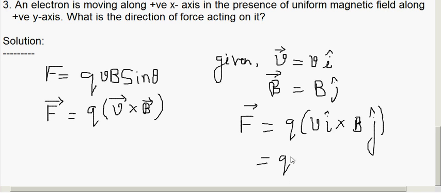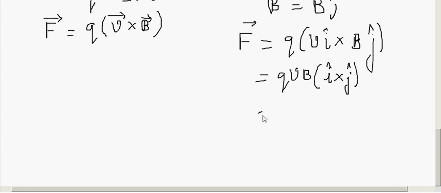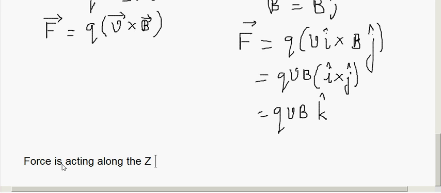So this will become equal to qvB into i cross j, and we know i cross j is k. That is why force is along the z direction. Therefore I can say that force is along the positive z direction. You can write the force is acting along the z direction because it is unit vector k.